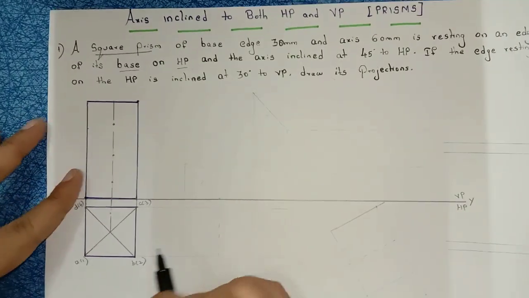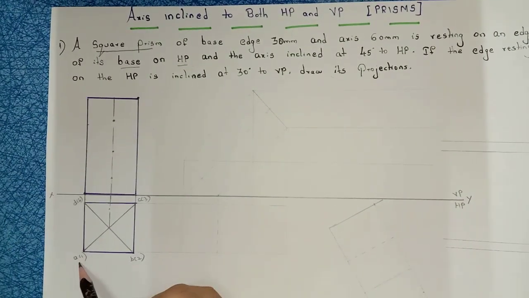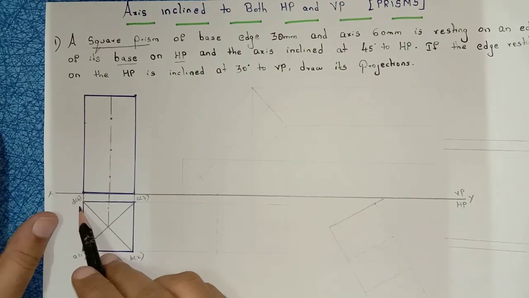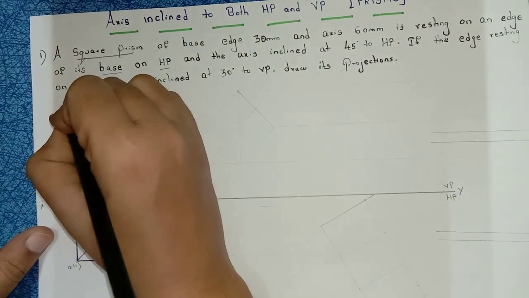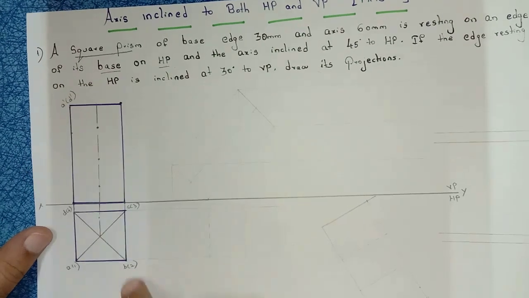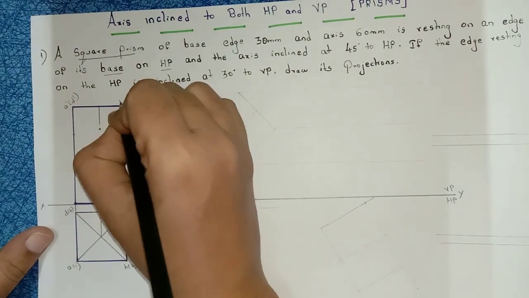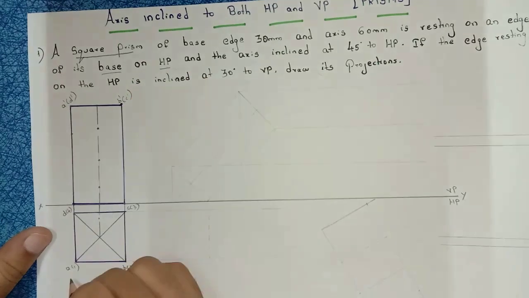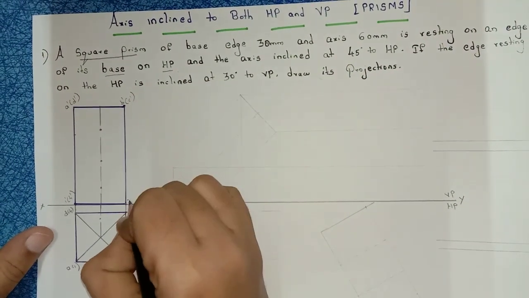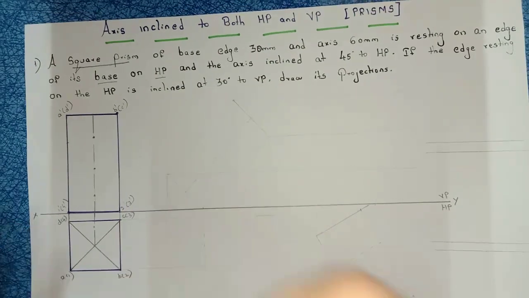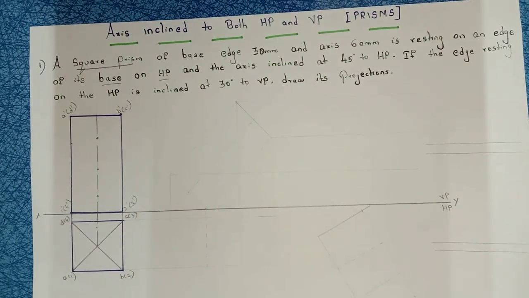Now what is the point name here? This is A1, D of 4. Write down the alphabets here: A dash, D dash, B dash, C dash, 1 dash, 4 dash, 2 dash, 3 dash. So this is your initial position.